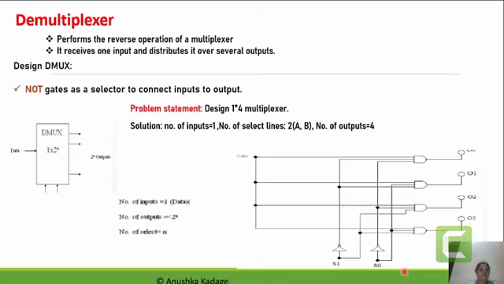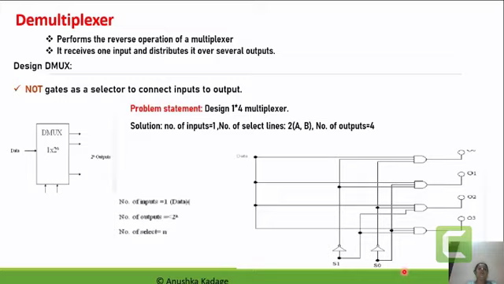Generally, a demultiplexer is going to perform exactly the reverse operation of a multiplexer, where the multiplexer takes 2 raised to n inputs and converts them into one output. With the help of the demultiplexer, we are going to have only 1 input, while the outputs presented from the demultiplexer will be 2 raised to n.